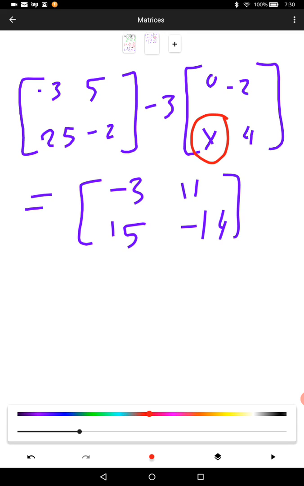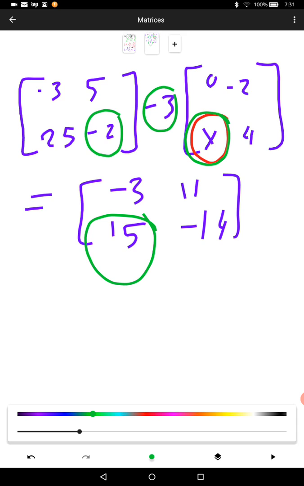So now you have to solve the left hand side. You are going to multiply 3 inside, so you have 3 times x. And don't forget the corresponding element: negative 2 minus 3 times x must equal what? 15.